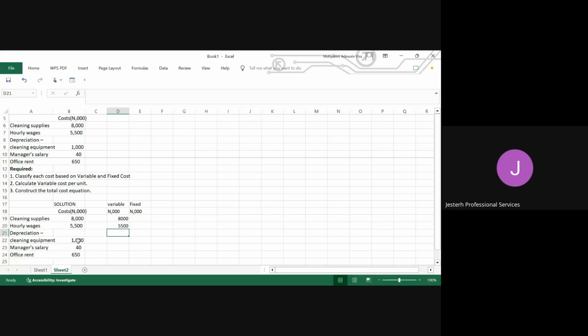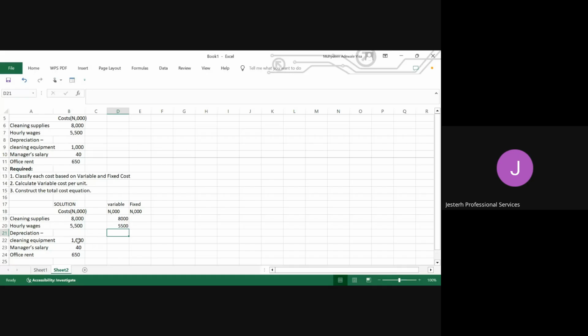All these ones are fixed for a period of time because they are indirect expenses. They relate to the activities that they are rendering, but this particular cost has already been ascertained as at when the equipment was purchased. The only thing that affects them is that they are charging depreciation on each of the equipment.